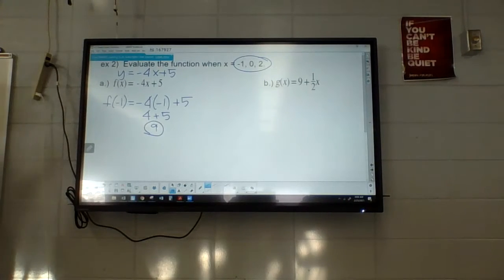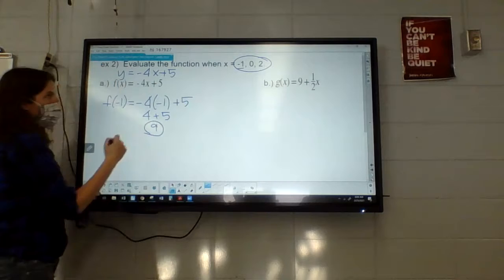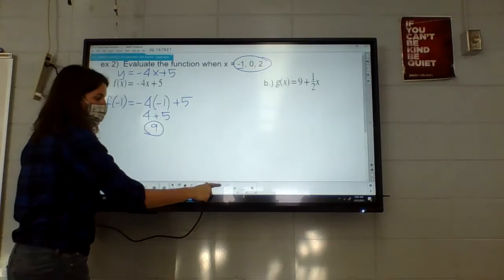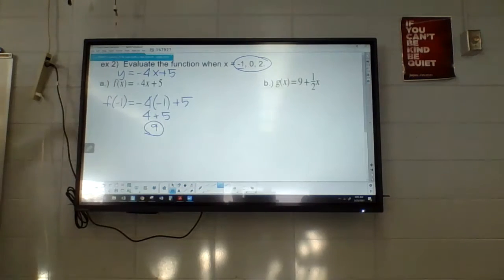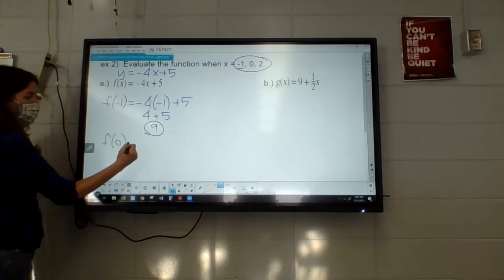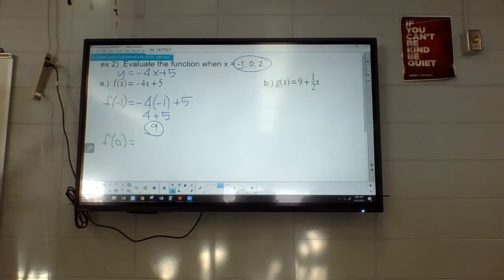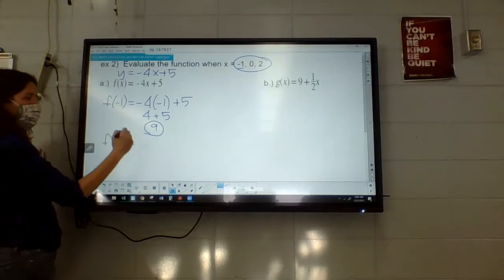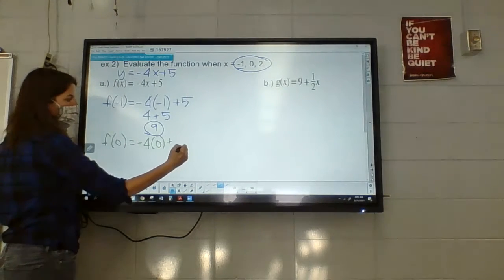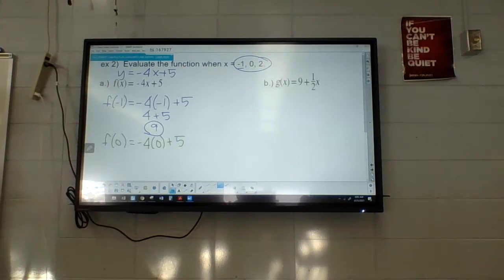So they're just asking us to substitute that in again and again. So we did negative 1. The value when x is negative 1, the function value would be 9. Now I'm going to switch to f of 0. You don't have to show all these steps. I'm just trying to get you guys to think about what's going on here. So I'm going to put 0 in now.